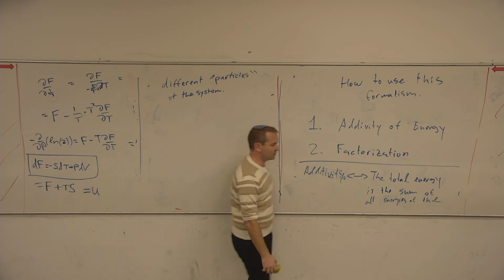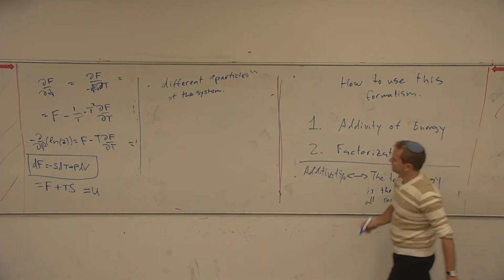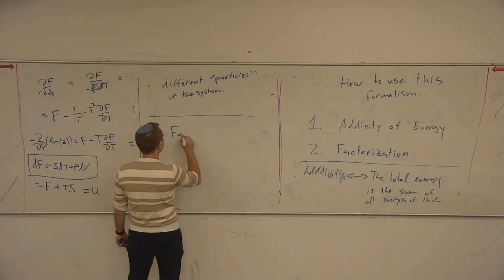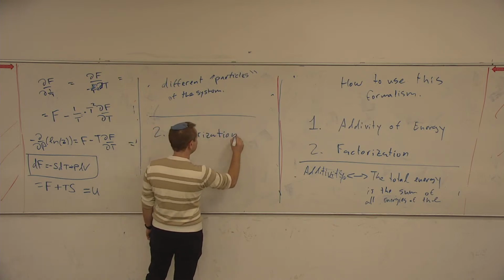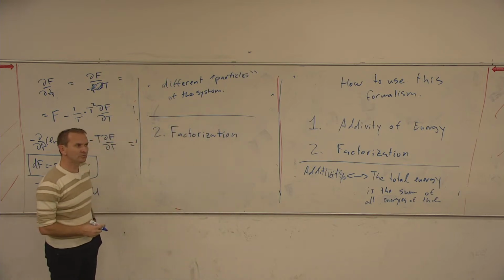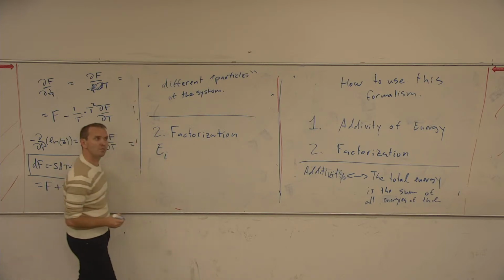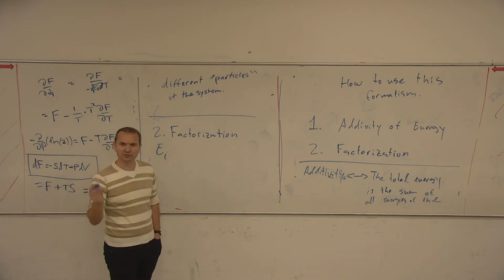So what is factorization? Let's see. Let's assume that my total energy in a state I is E_I, and I have many particles in my system, many degrees of freedom.